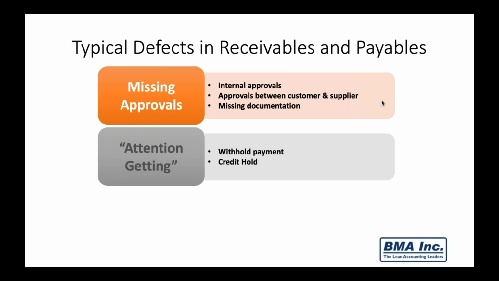And what we want to do is learn the frequency of these errors, which ones occur more than others. And we find that out in the daily management process. Now, why do we do something daily? Well, procure to pay and order to cash are what we would consider high volume transaction processes.